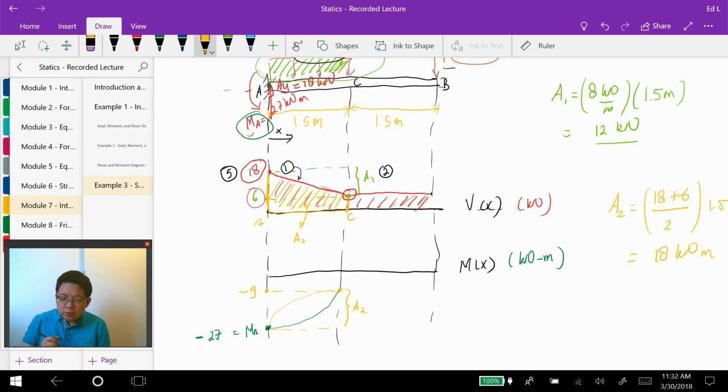Note that in here, the slope of the moment diagram is equal to the ordinate of the shear diagram, the third rule. So the ordinate here is 18 at A, and the ordinate at C is 6. So the slope at A is larger than the slope at C. Let's evaluate this green curve.